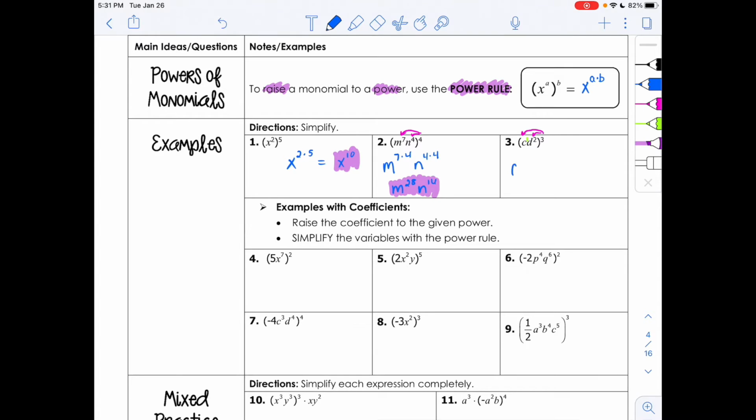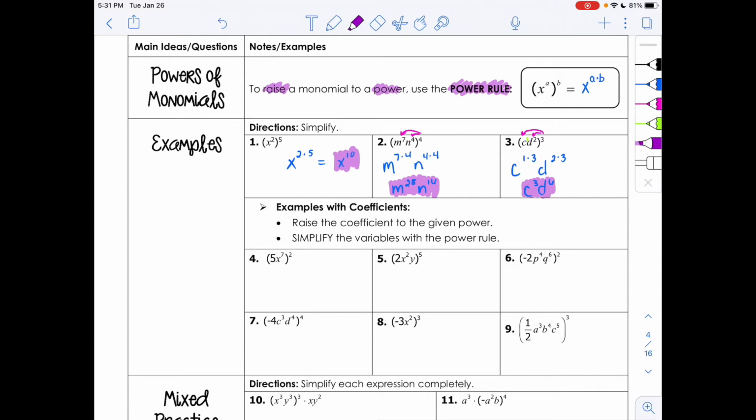So that would be C to the 1 times 3, D to the 2 times 3. So that inside exponent times the outside exponent, which would result in C to the 3rd, D to the 6th. So those are going to be some of your basic examples.